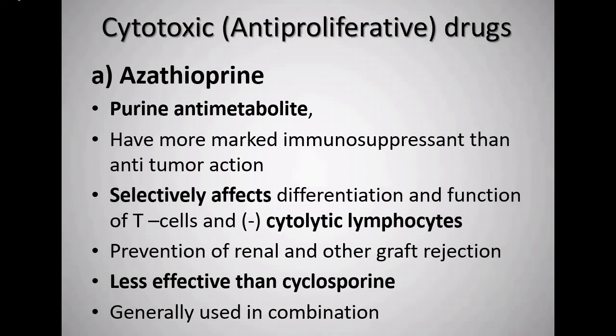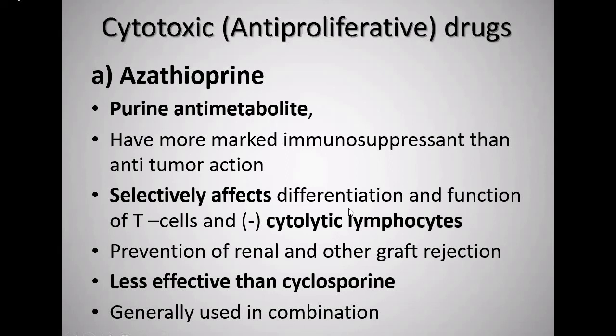You all have to remember a one-line sentence for their mechanism of action. So, the purine antimetabolite, and they selectively affect the cytolytic lymphocytes or T lymphocytes. Again, they pay more attention to the lymphocytes.